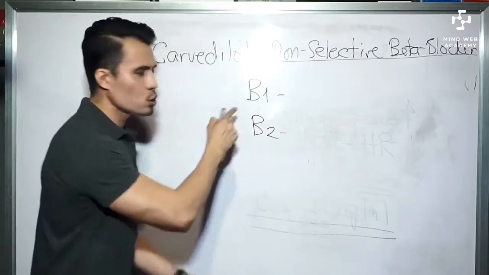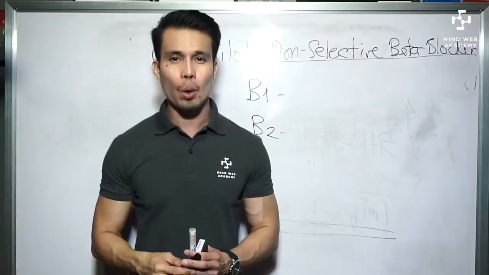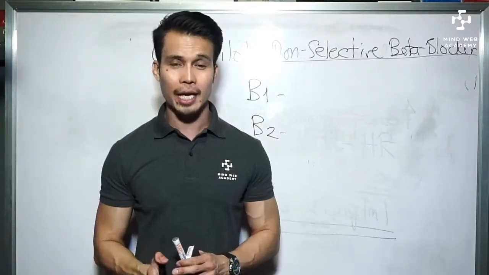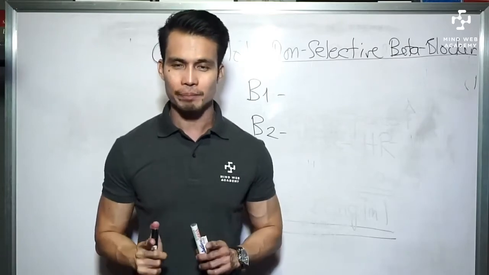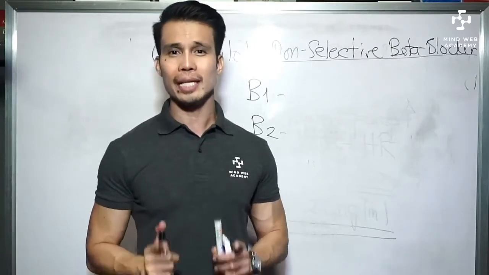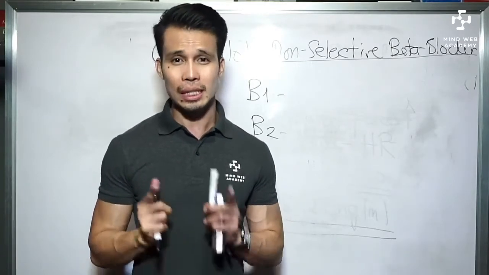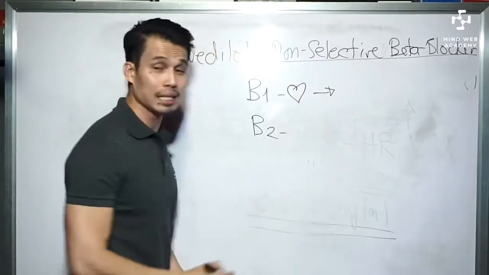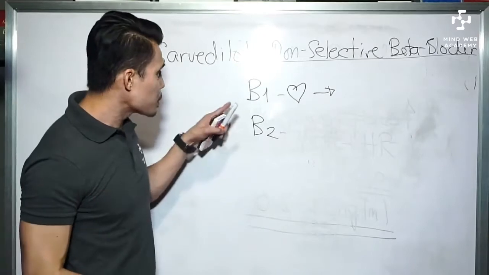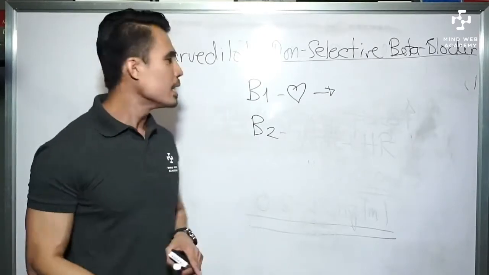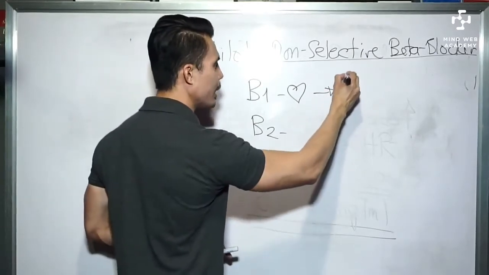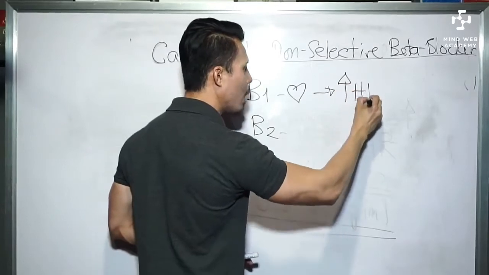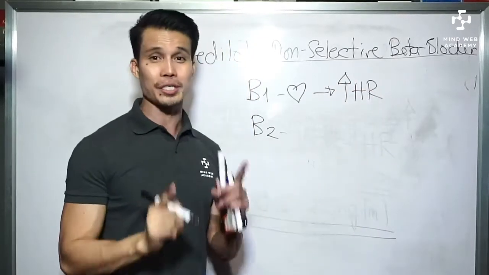The first one is the beta 1 receptor site. Beta 1 receptor site is abundantly located in the heart muscle. Once stimulated, this can increase the heart rate of the client. So beta 1 stimulation increases the heart rate.